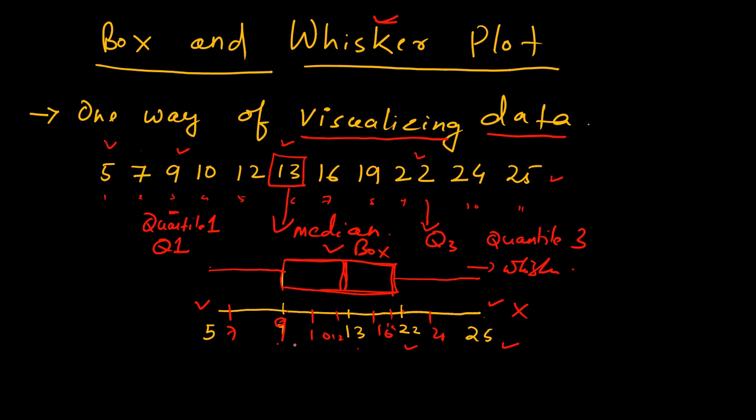By looking at the kind of data that lies between your Q1 and Q3, you'll be able to understand the distribution of data and where the data is concentrated mostly. And you'll also be able to find outliers in your data. So some of the outliers will be outside this box, and you can pick some of them and remove them from your data before going to modeling and all.